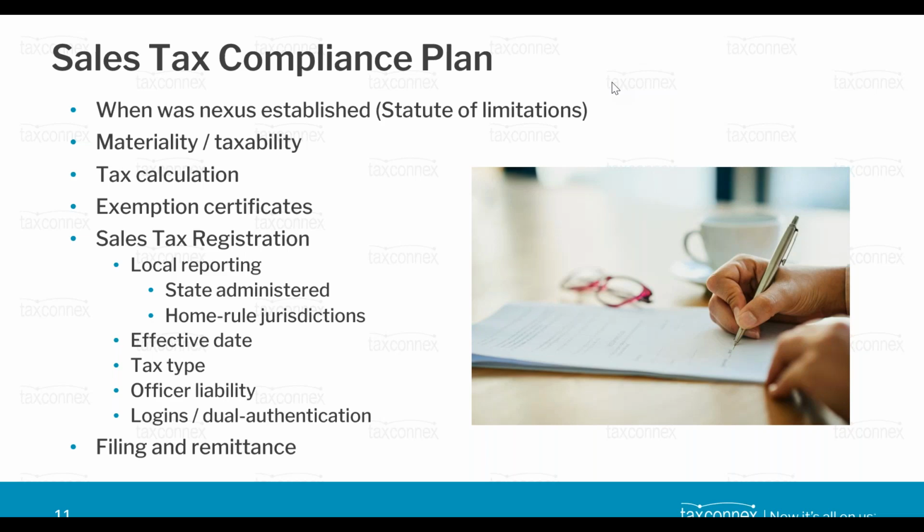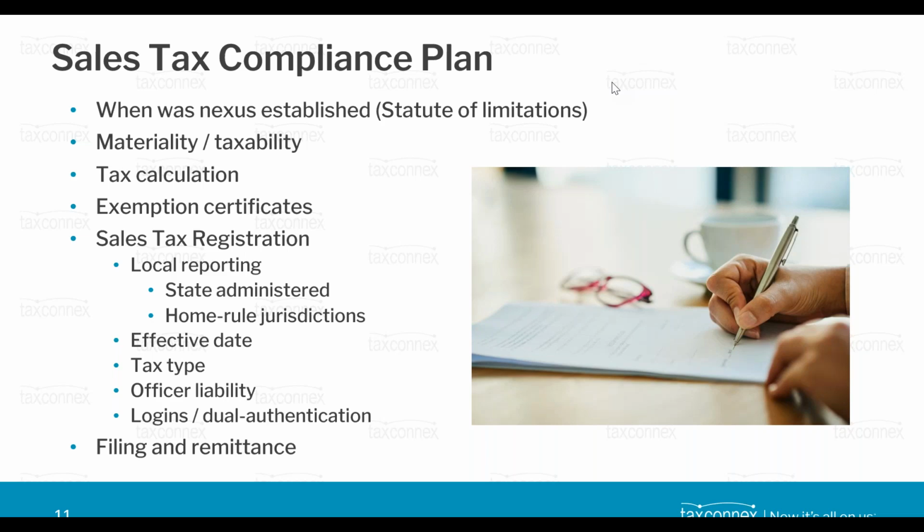Have they expanded their nexus footprint? What is their product from a taxability perspective? Does it meet the criteria that would require them to comply? And is their activity on the taxable side material?